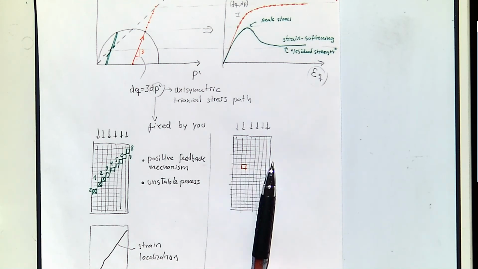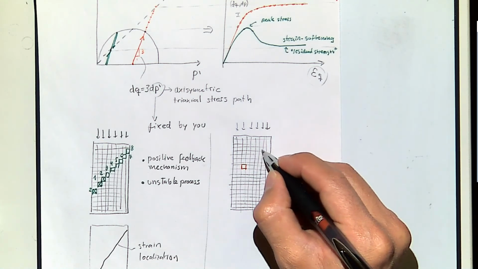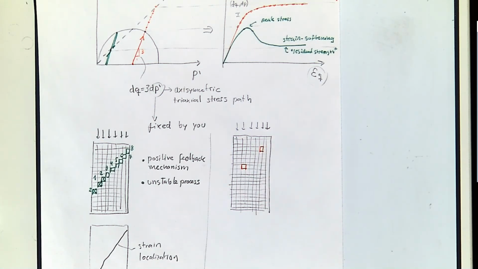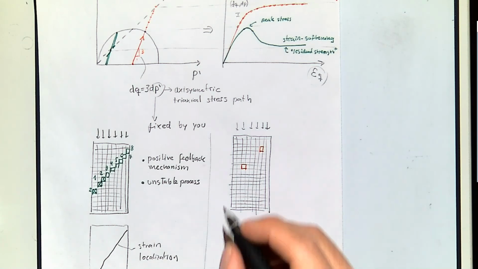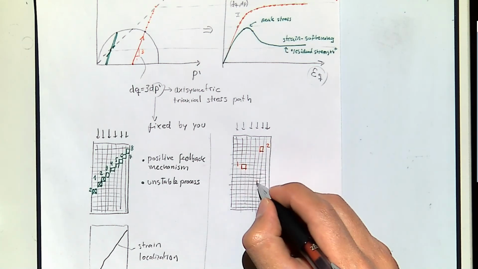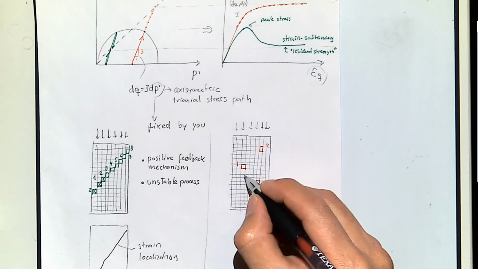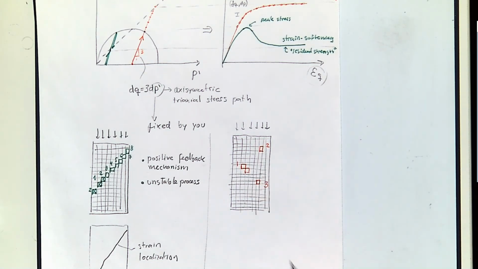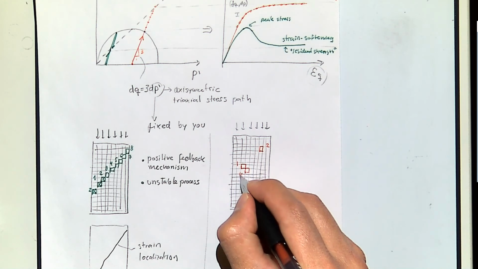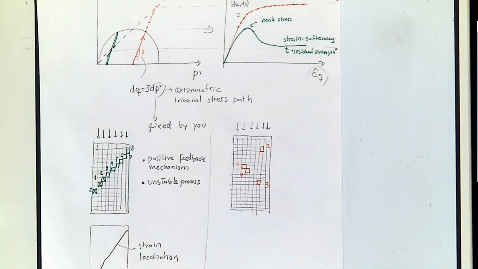to the neighbors, but everywhere else in the rock also this is going to be loaded. So probably at some other point you will have some other point that gets into yield and gets stronger, and then another point. Probably after that, if this were a correlated field of strength, you will have some other element over here that starts to take some failure, but they always get stronger and stronger.